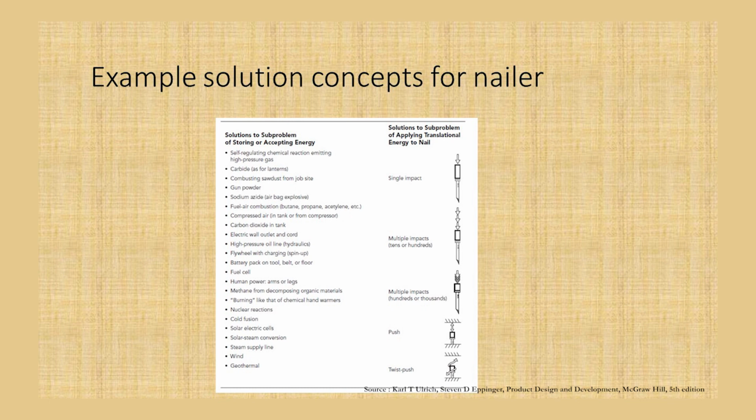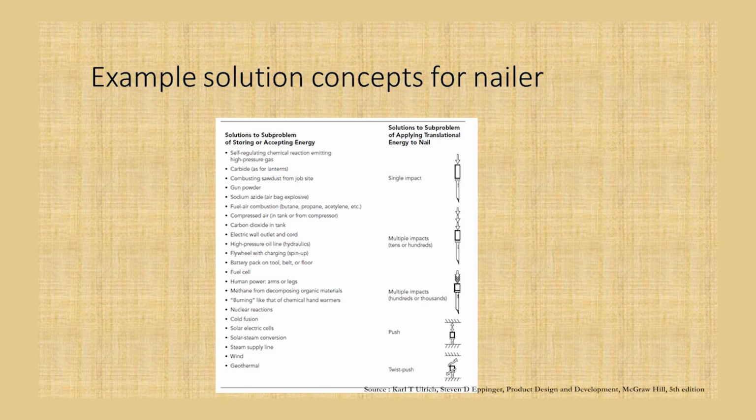You can use compressed air, carbon dioxide, electrical wall outlet and cord, high pressure oil line. So, hydraulics, flywheel with charging, battery pack on tool, fuel cells, human power, methane from decomposing organic materials. Nuclear reactions, cold fusion, solar electric cells, solar to steam conversion, all of this is generating energy.